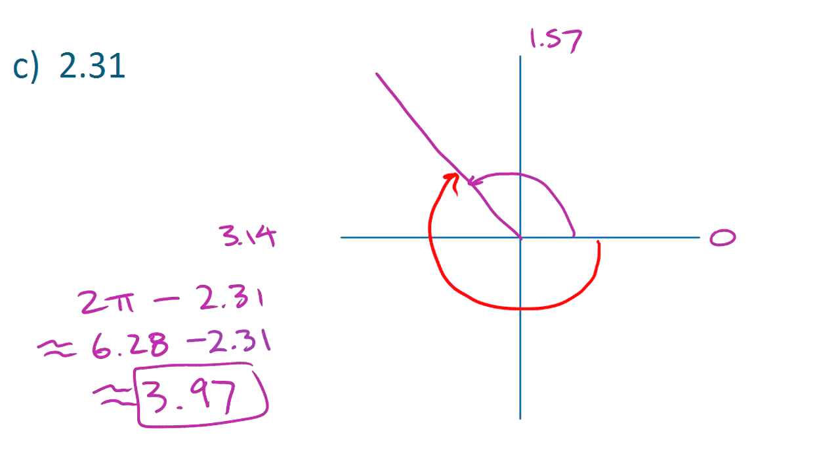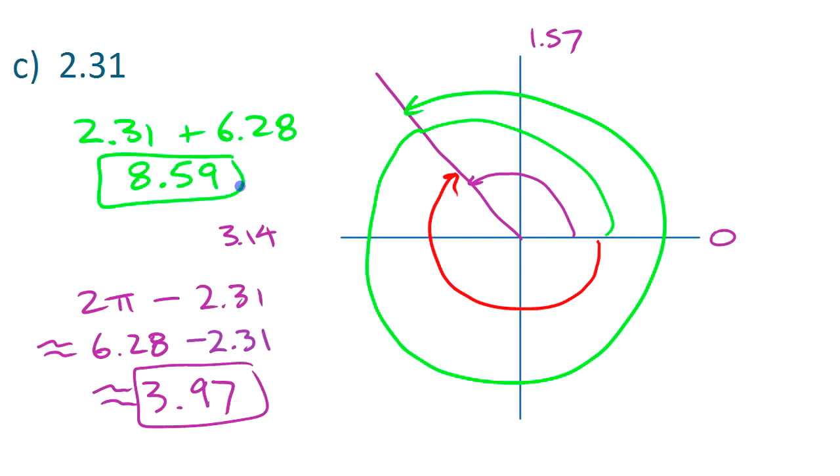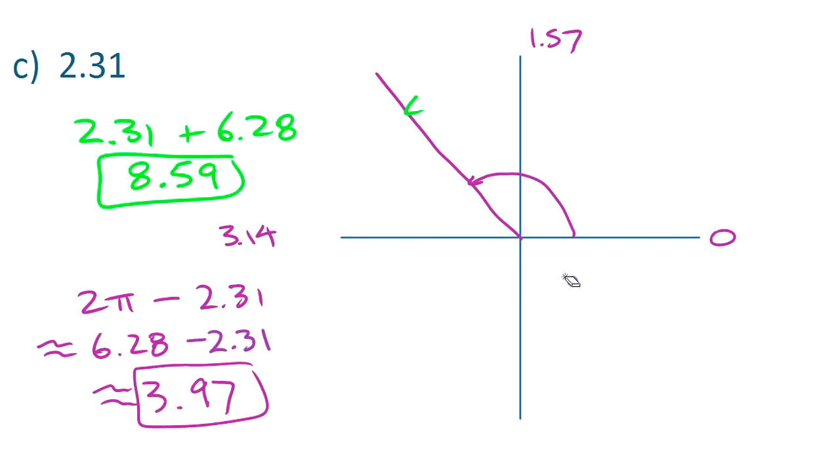If we wanted another one that was a positive angle here, we could do our amount to get to there, 2.31, and then add on a multiple of 2 pi, or add on 2 pi. So 2.31 plus 6.28. Now what would that be? That is going to give us 8.59. So that's another one. Now if we want to write, for the last thing here, our general expression, let's get rid of our green angle there so we can have some room, and a red angle.